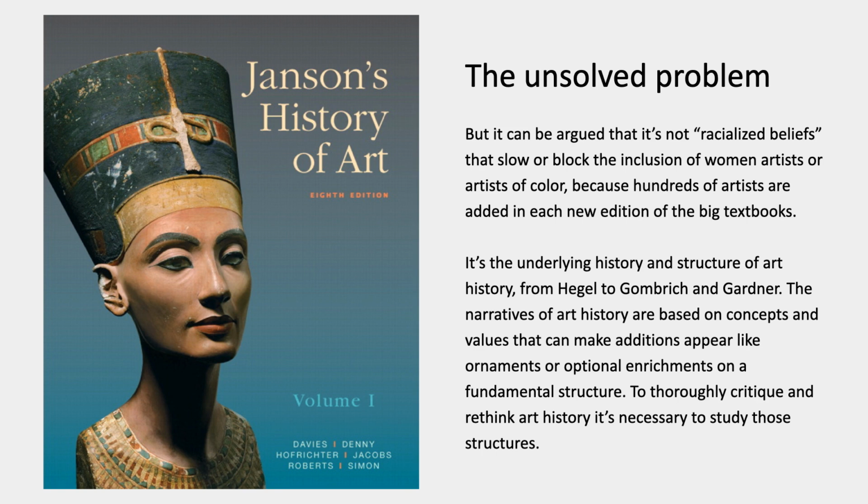To thoroughly critique and rethink art history, it's necessary to study those structures, and that's what I've been trying to outline in these history lectures, and that's what we're going to look into in these next three lectures on eight more problems that people have had trying to rethink and rewrite the art history survey.